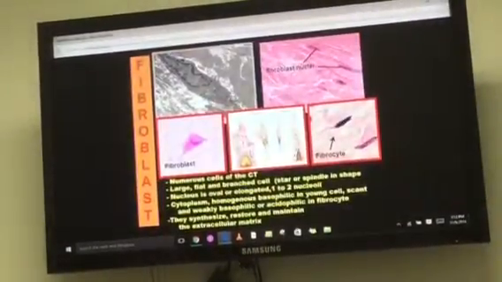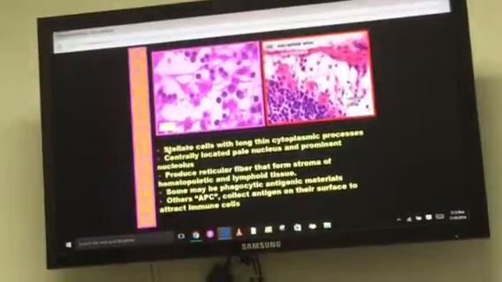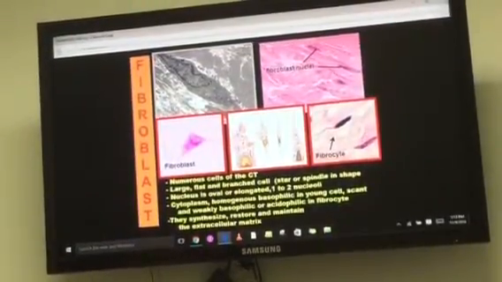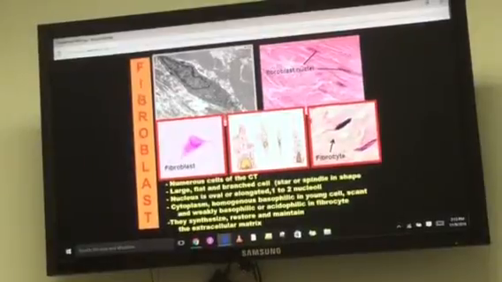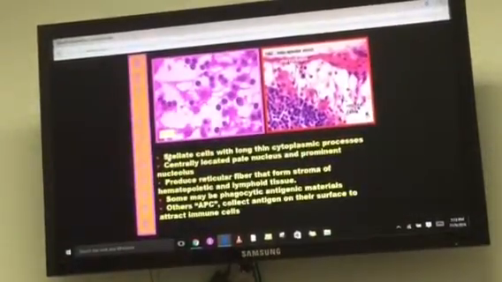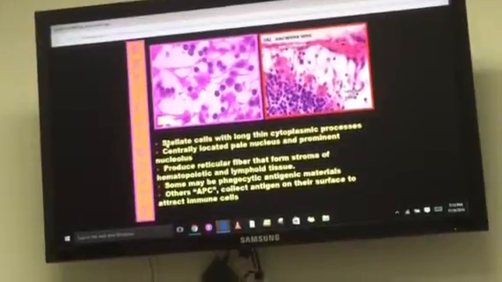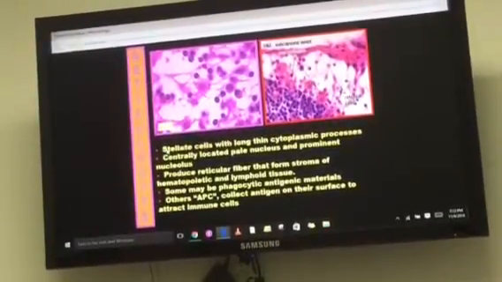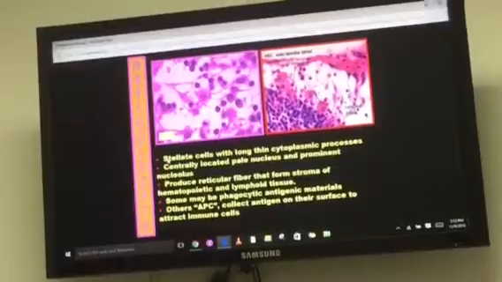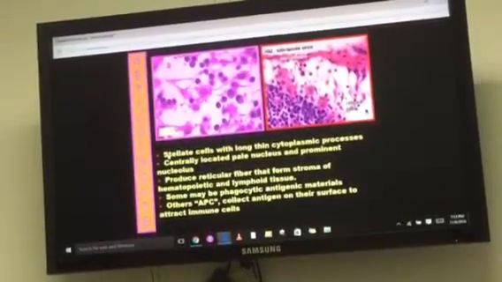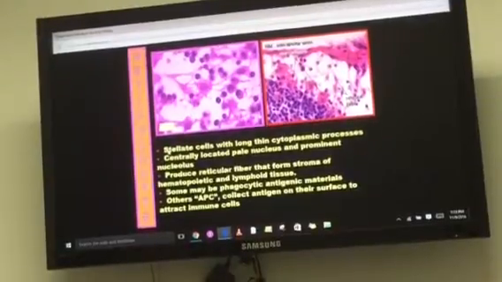And then reticular cells. Reticular cells are satellite cells with long, thin cytoplasmic processes, a centrally located pale nucleus, and prominent nucleolus.